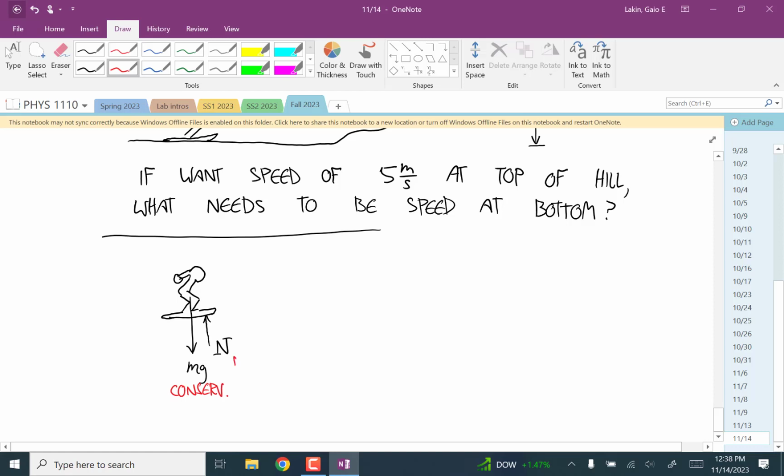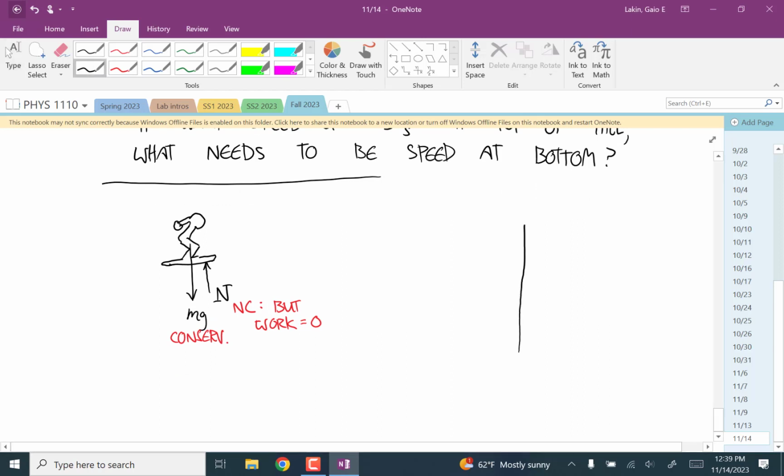This normal force is non-conservative, but it does no work. So we can use conservation of mechanical energy for this. Now I'm going to set up a table with an instant 1 that's at the bottom of the hill, and an instant 2 that's at the top of the hill.